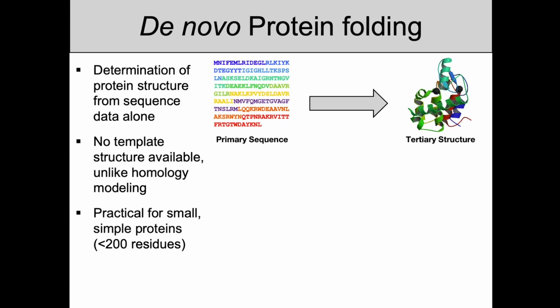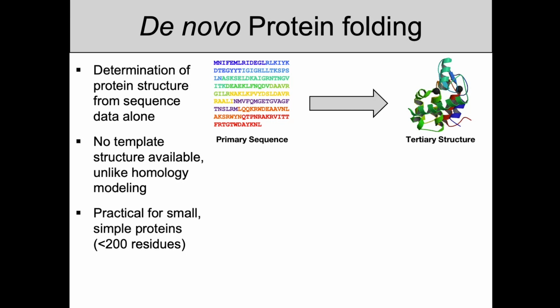This should only be done in cases where we don't have the structure of a homolog or a closely related protein available, so we can't use homology modeling, and we also may not have any experimental data. Now, because of how challenging this problem is, it's really only suitable for small proteins.